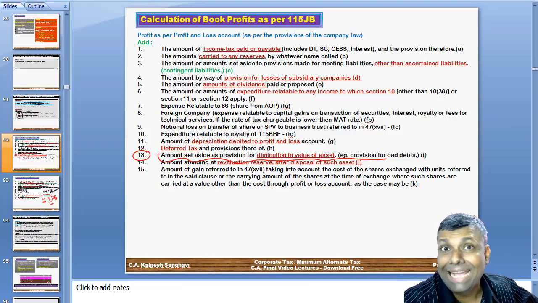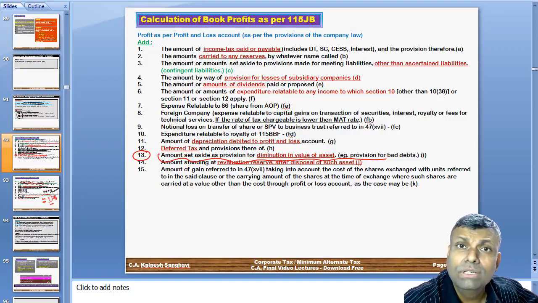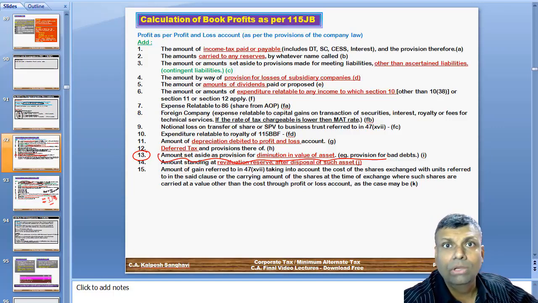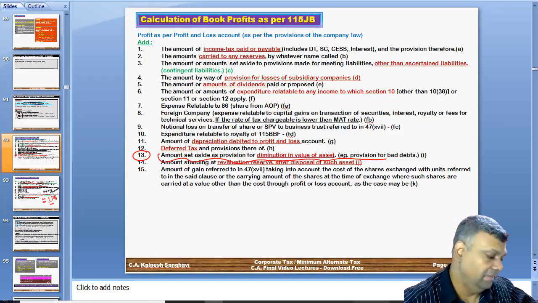Diminution in the value of the assets. Okay. So if there is any reduction in the value of the asset, as a provision you have made it. So, provision for the reduction in the value of the asset.